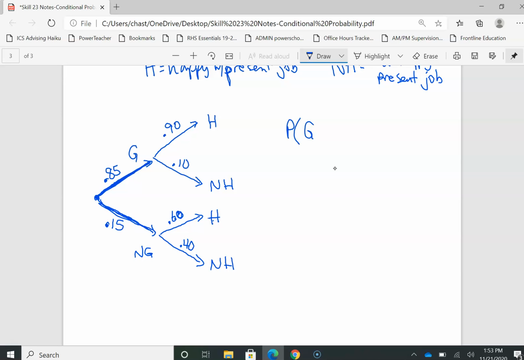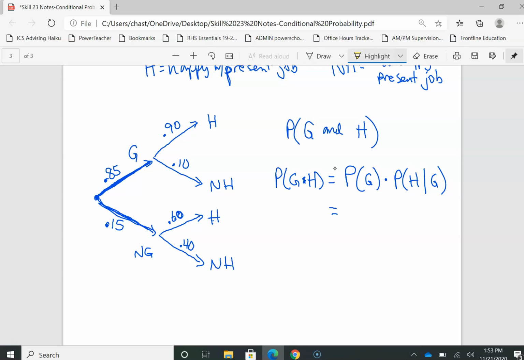So graduate and happy, G and H. The probability of G and H is going to equal the probability that we are a graduate times the probability that we are happy given that we graduated.